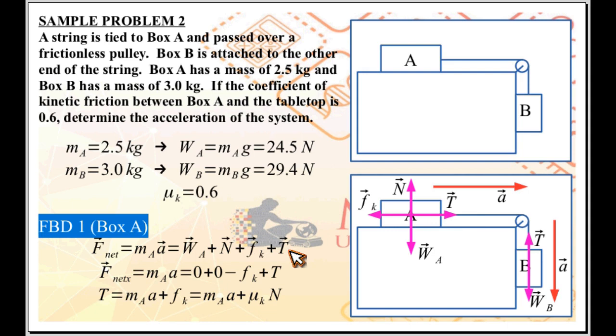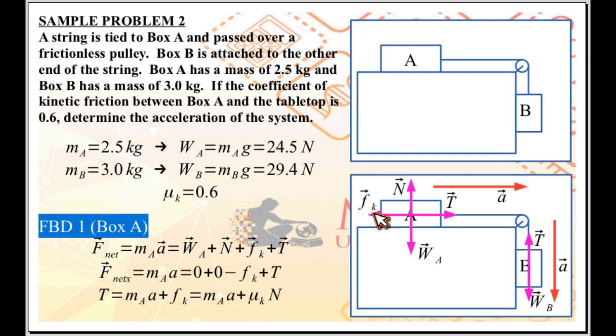And once again, we use the component method to do our analysis. So the X component of F net is F net X. For the X component of acceleration for box A, acceleration is horizontal, positive direction. Weight A and normal force are vertical, no X component.